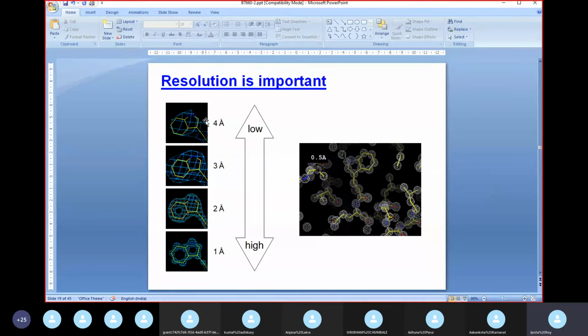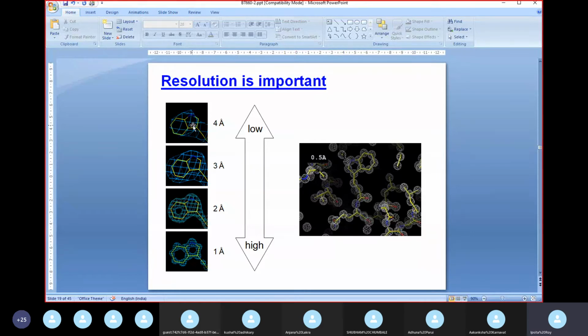Resolution, you follow, like in this case, if I go down, this structure has a resolution of 4 angstrom units. What it means is that any 2 or 3 or 4 atoms which are present within a 4 angstrom unit distance will not be separated. I will not be able to see them separately.